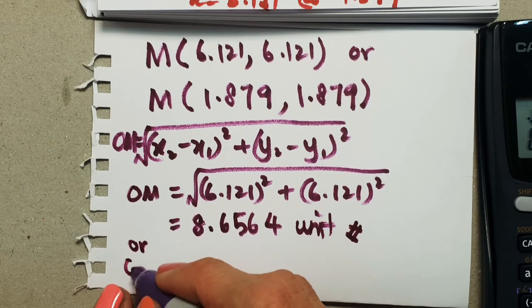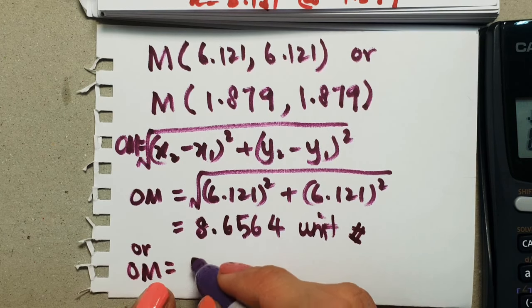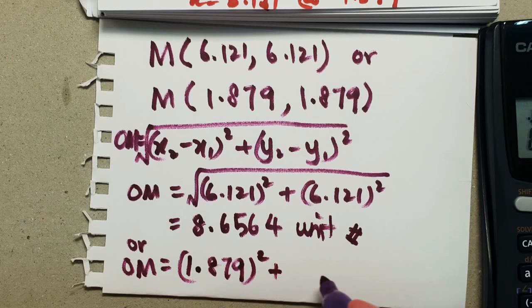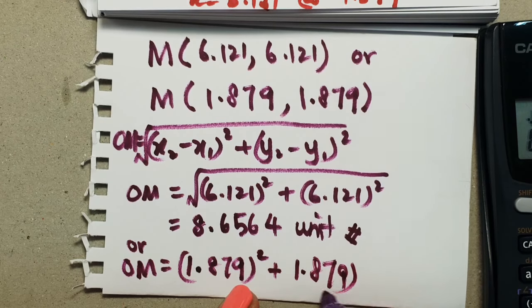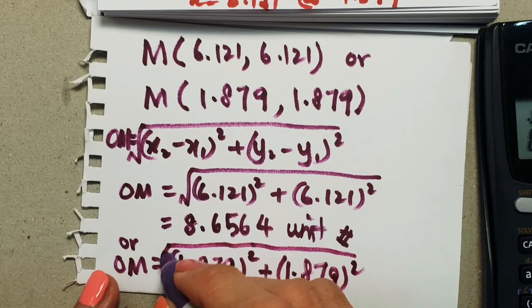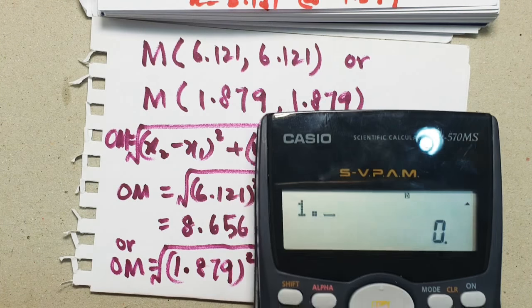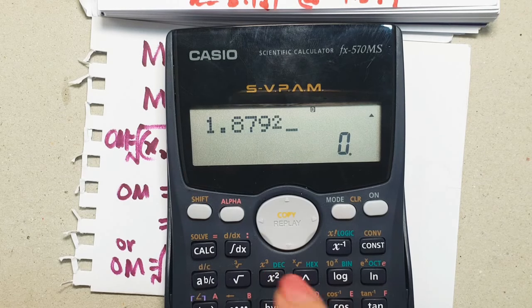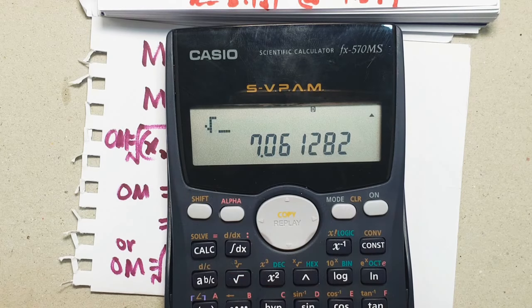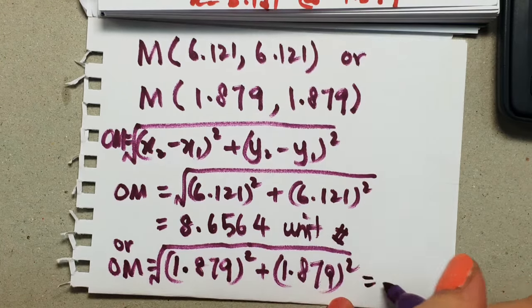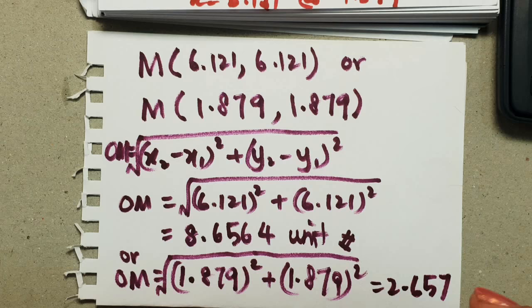Or OM will equal the square root of 1.879 squared plus 1.879 squared, that is, 1.879 squared times 2, square rooted, and that will give us 2.657 units. So that is the answer for our OM.